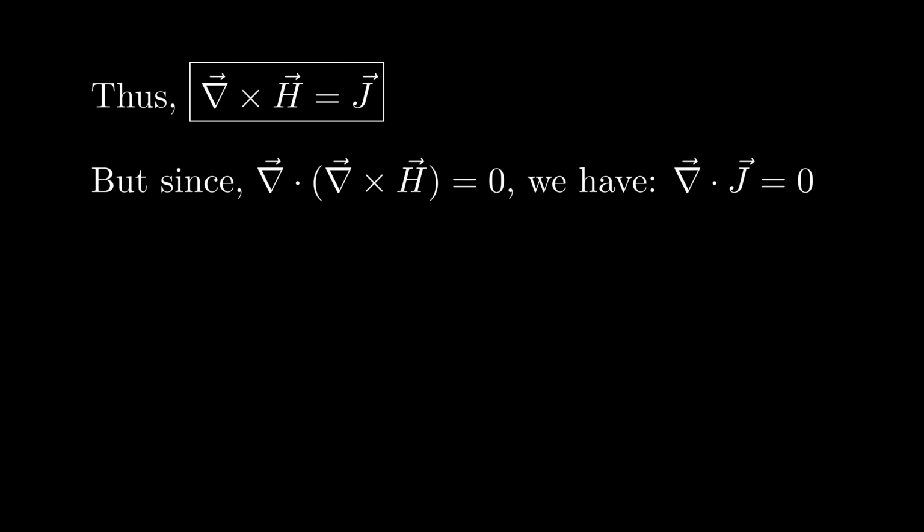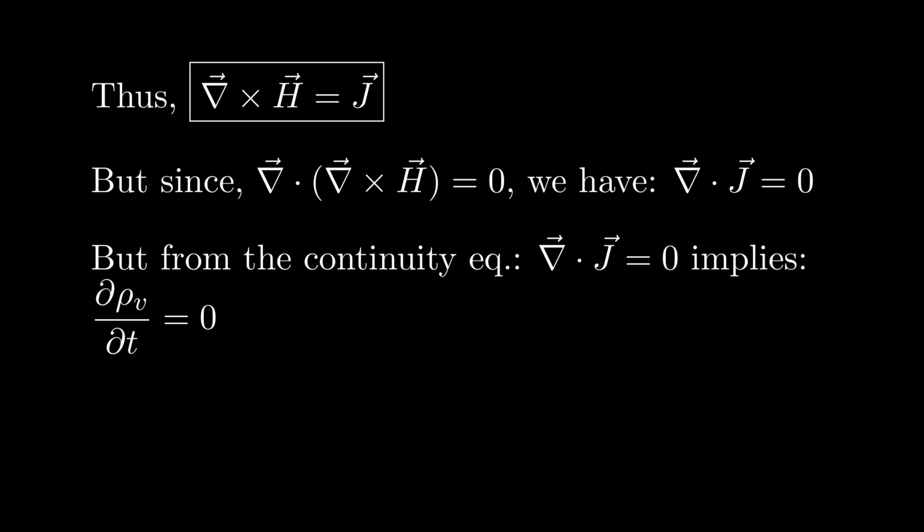So in this regard, if this equation is true, then the divergence of J is always going to be equal to 0. But from the continuity equation, we know that the divergence of J is equal to minus del rho_v del t. But since the divergence of J is equal to 0, del rho_v del t will also have to be equal to 0.